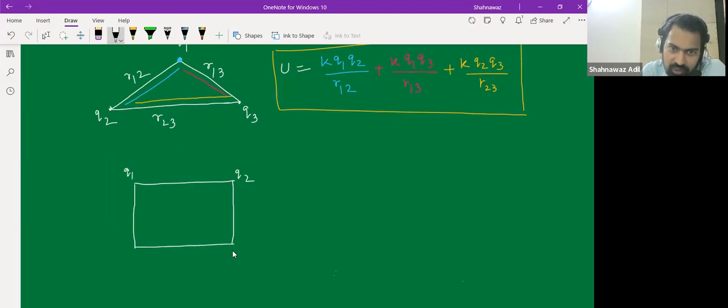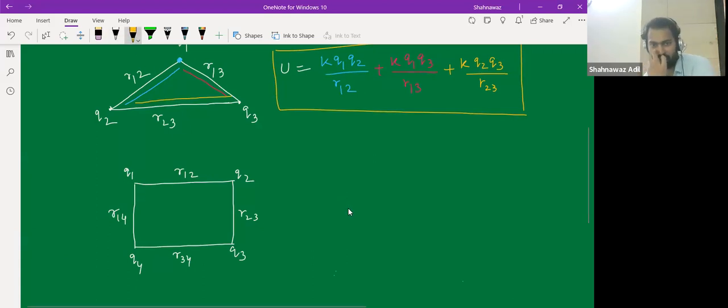We have Q1, Q2, Q3, Q4, with R12, R23, R34, and R14.